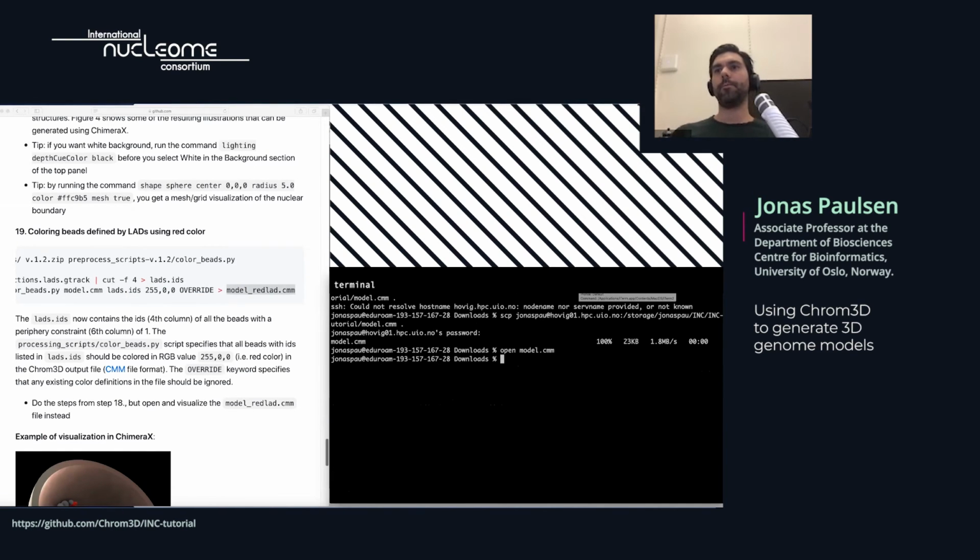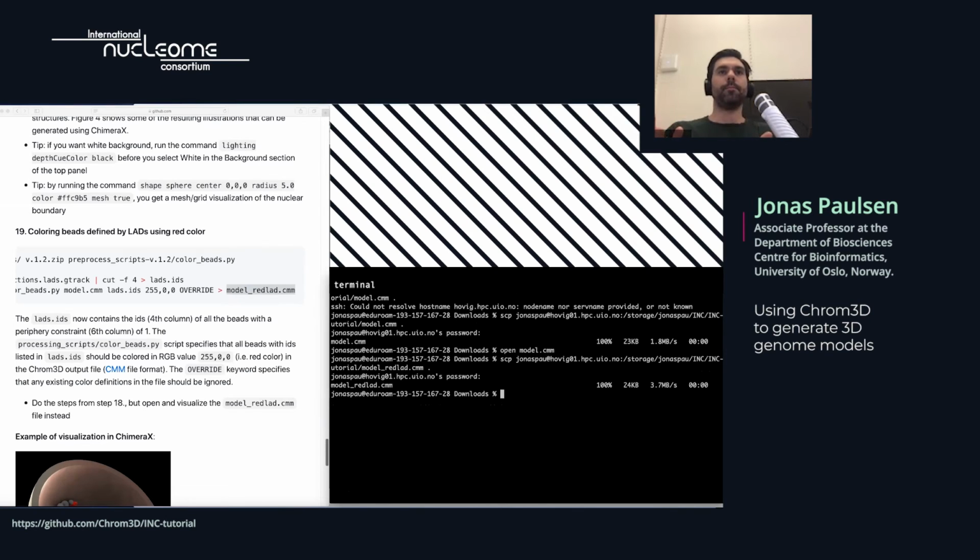Important question. What can be the reason for the model being slightly different from the model I'm showing? So there is a random number generator being used as part of setting up the chromosome and of course randomly selecting the moves. Since we are sitting on different computers, different systems, the random numbers that will be generated will be slightly different.